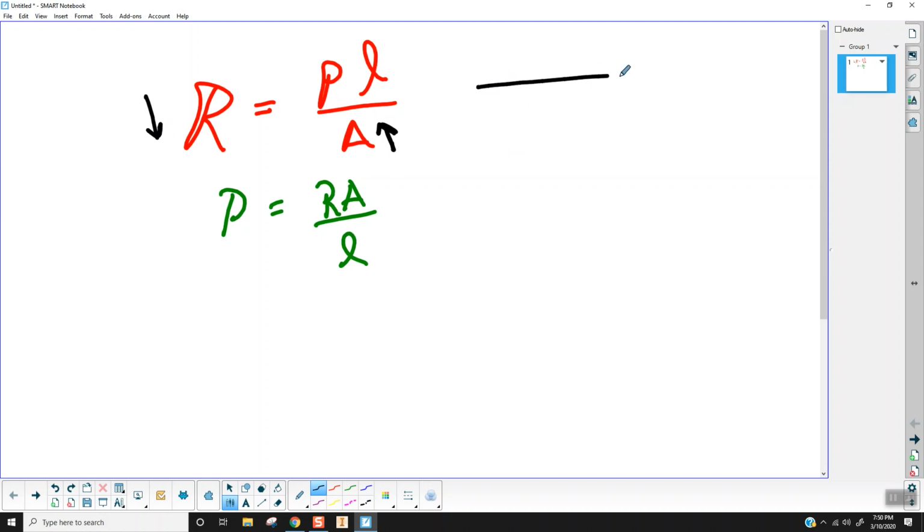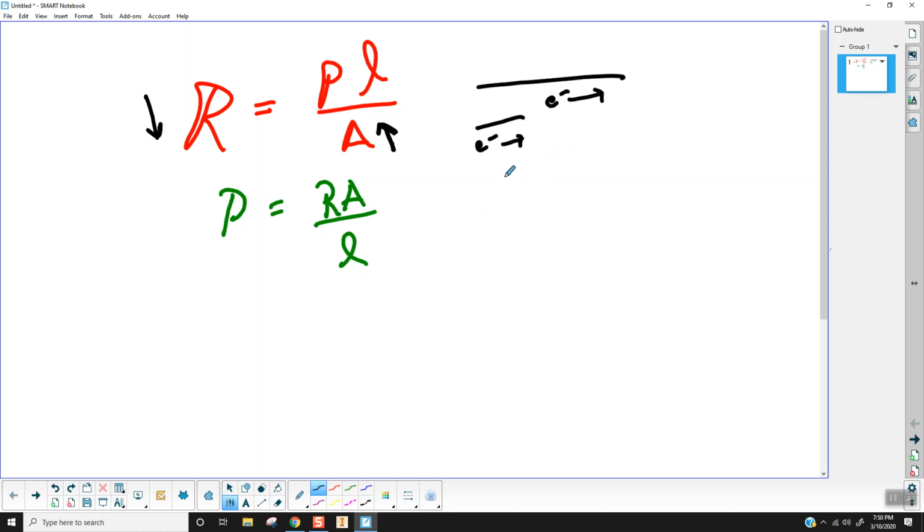And why is that? Well, if I've got a wire here, and I have a shorter wire versus a longer wire, the electrons have a further distance to travel through these two pieces of wire. So the longer your piece of wire, the further that electron has to travel, which means it's going to have more resistance moving through whatever material it's moving through.